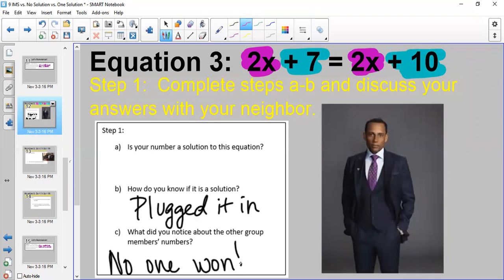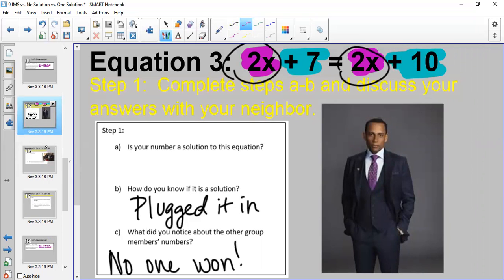And so we started talking about why. Why did no one win? And it comes down to they both had 2x on either side. That was the same. So whether it was 2 times 1 or 2 times 5, on both sides it was exactly the same. But then they had a 7 and a 10 that was different. And so what they noticed in class is that when they plugged it in, all of the answers were 3 apart, because 7 and 10 are also 3 apart.